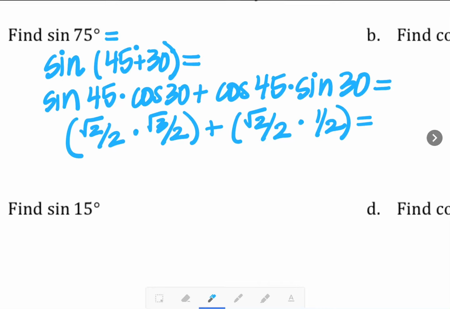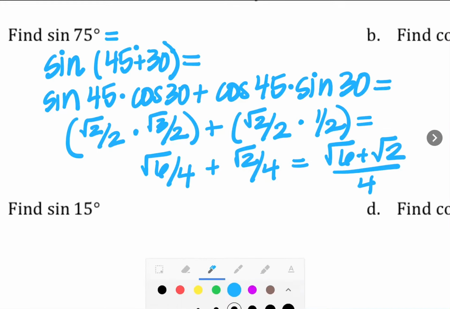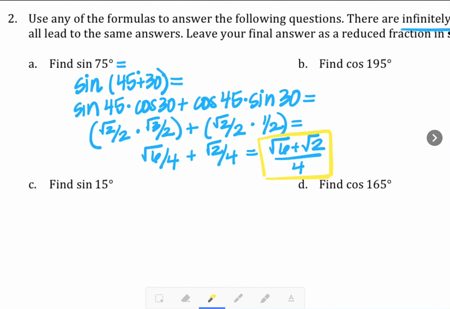So now using our unit circle, we can find the sine of 75. The sine of 75 is radical 6 over 4 plus radical 2 over 4, which we're just going to write as radical 6 plus radical 2 all over 4. So that is how you would use a sum formula.